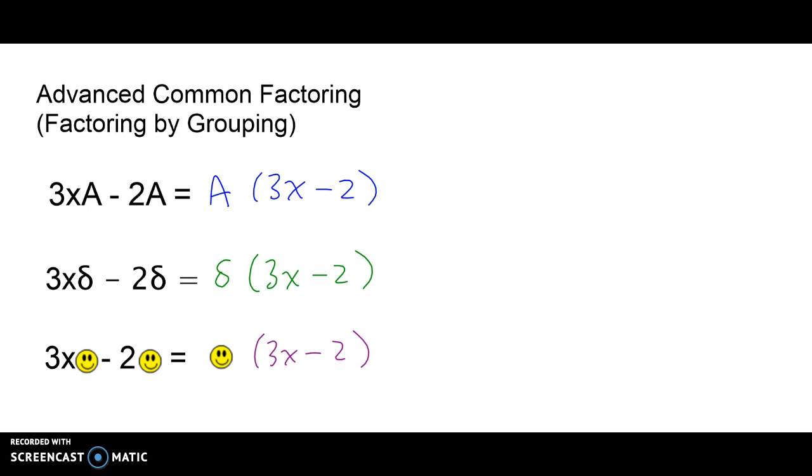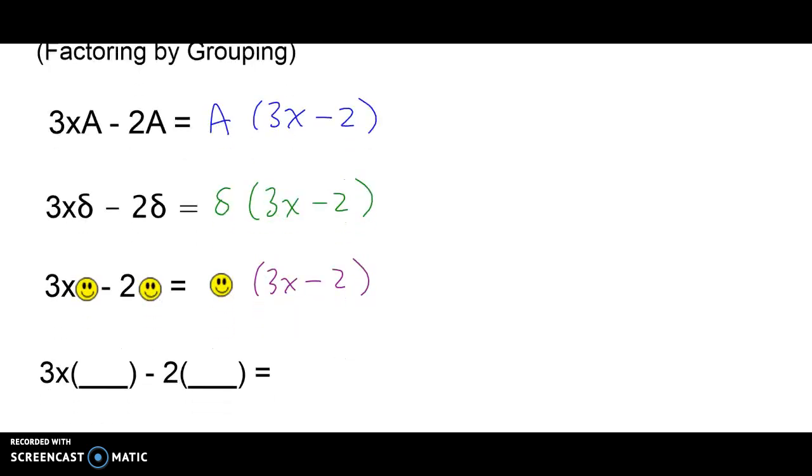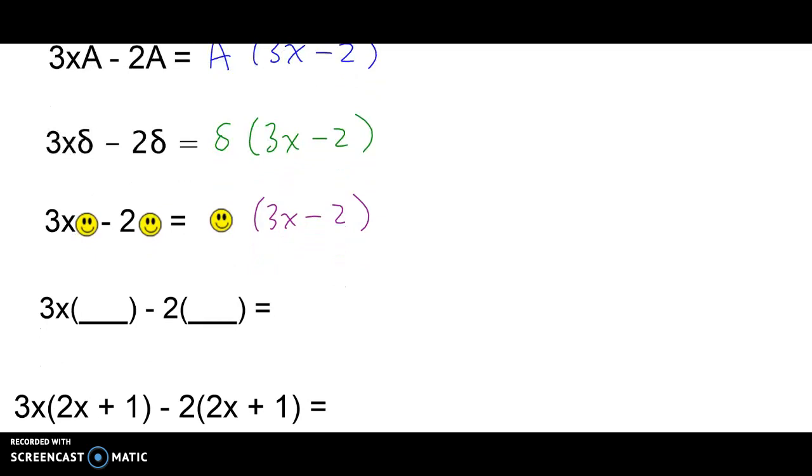So the point I'm trying to make here is the thing that's common can be anything. It can be a capital A, it can be a delta, it could be a smiley face. So the place where people stumble, where they don't connect this idea to the next idea, is problems like this. 3xA minus 2A, 3x delta minus 2 delta, 3x smiley face minus 2 smiley face.